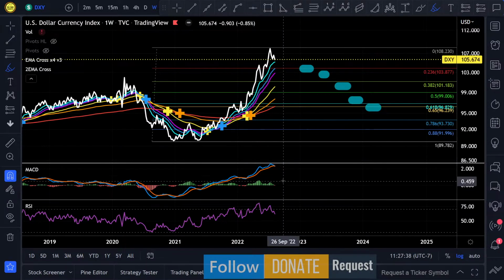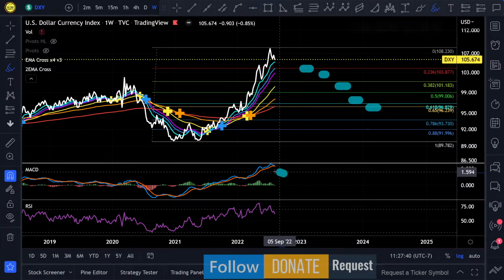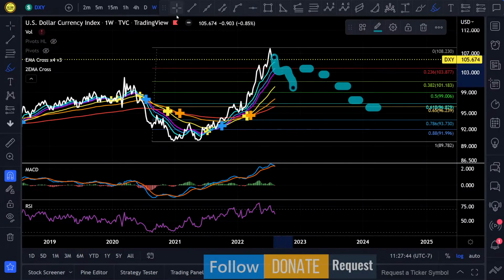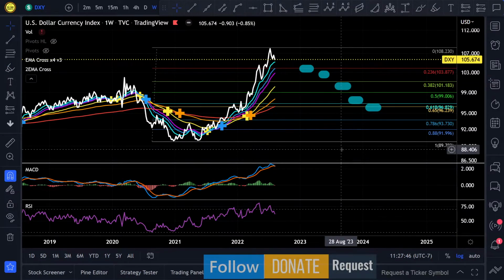It's starting to cool off. You get one little red tick. It's barely visible on the charts, but that could be the start of the downtrend on the DXY, which could mean the stock market might rally. Let me check something on one of my terminals here before we move on.